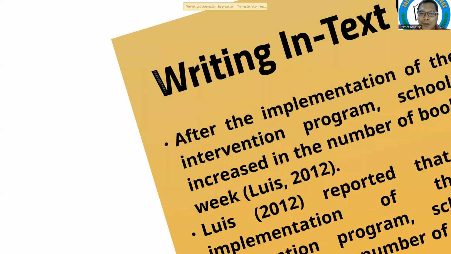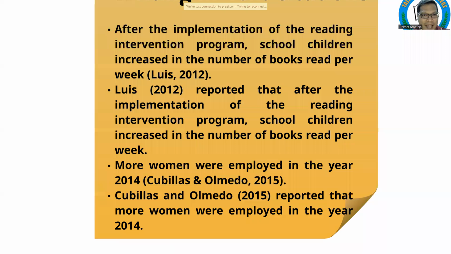So, examples are given. The first example is, after the implementation of the reading intervention program, school children increased in the number of books read per week (Louise, 2012). The second example is, Louise (2012) reported that after the implementation of the reading intervention program, school children increased in the number of books read per week.